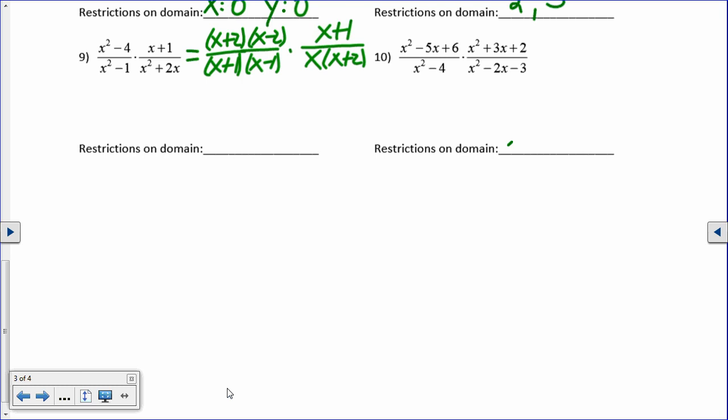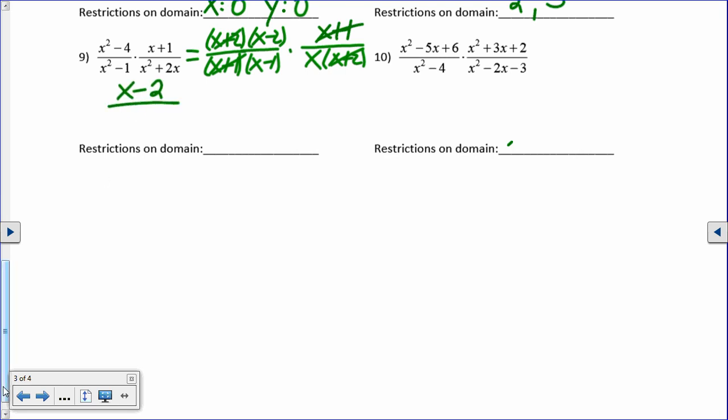Alright, now that we've factored everything, what do you guys see? One in top, one in bottom. Doesn't matter that they're in different fractions. And then the x plus 2, x plus 2. Is there anything else that I can cancel? No? Alright, so what's the only thing that's left over in the numerator? X minus 2.